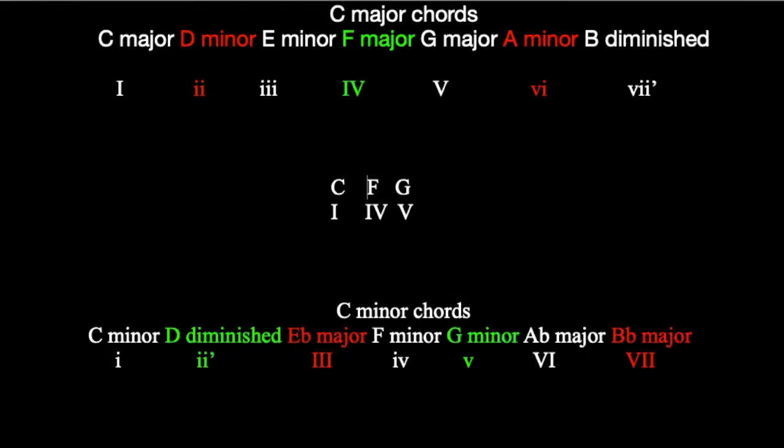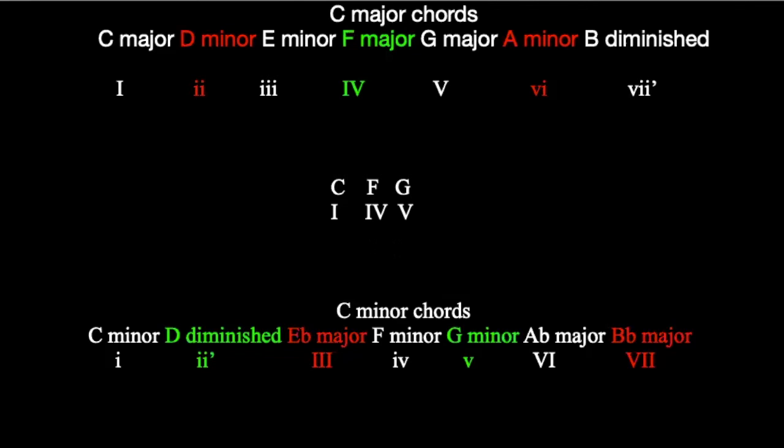We have C. Now we could do that. And of course, we could always make the G a G7 if we wanted to, right? And then we'd have C. But let's leave that out just for now, just to keep it simple.